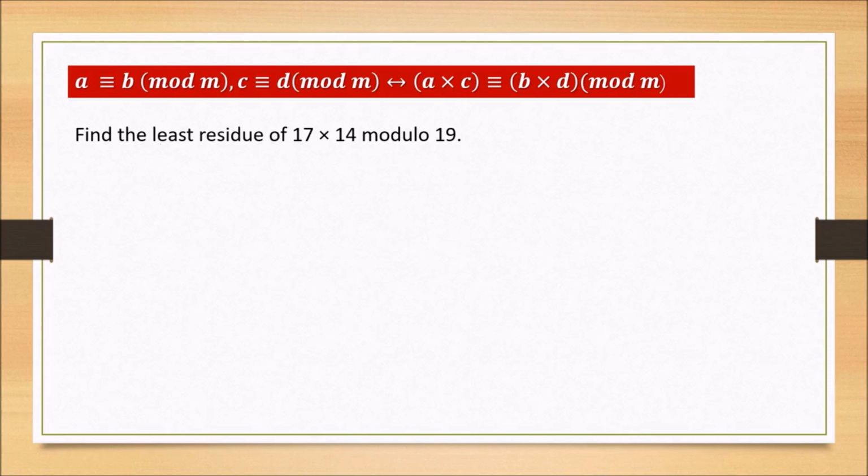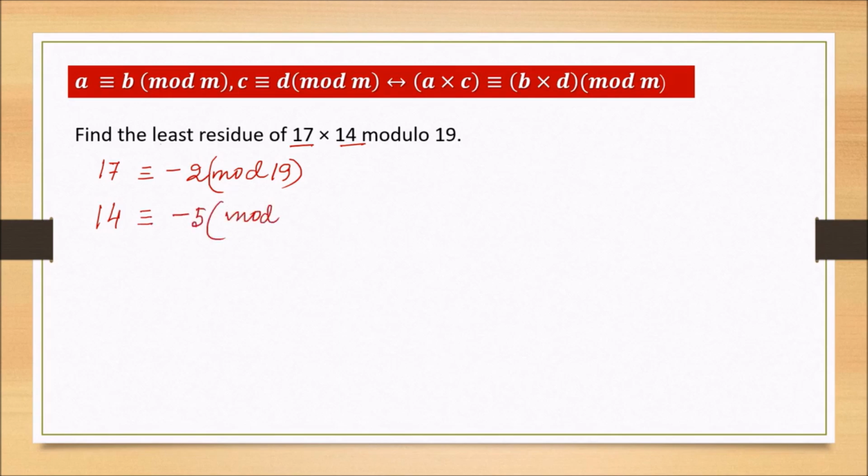Find the least residue of 17 multiplied by 14 modulo 19. So 17 is congruent to minus 2 modulo 19, and 14 is congruent to negative 5 modulo 19.